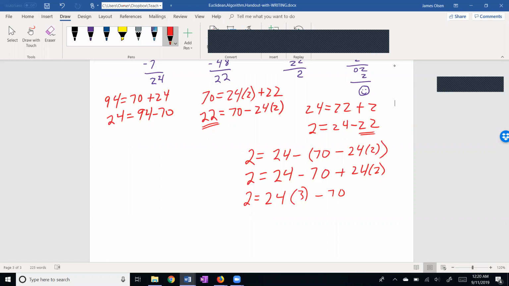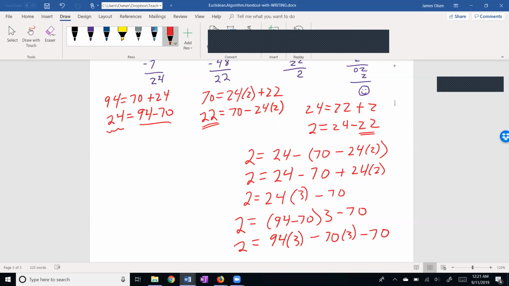Now I'm going to be substituting for 24 because it's my next remainder. So I have 2 equals, now I'm going to put that in the place of 24, 94 minus 70. That's going to be multiplied times 3 minus 70. Distributive property, I have 94 times 3. The good news is you don't multiply any of these out. You always leave it in factored form.